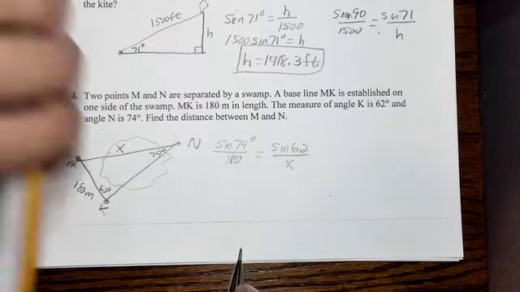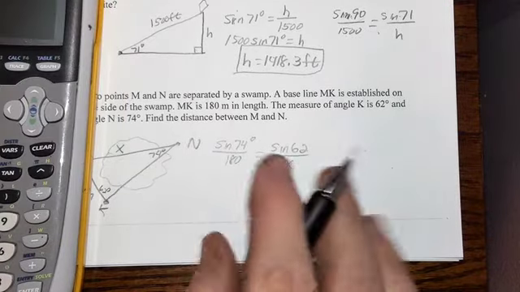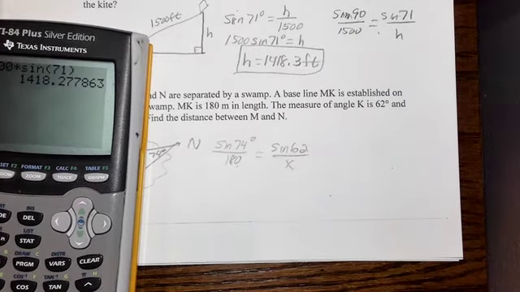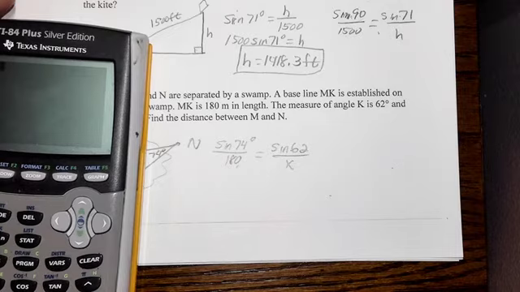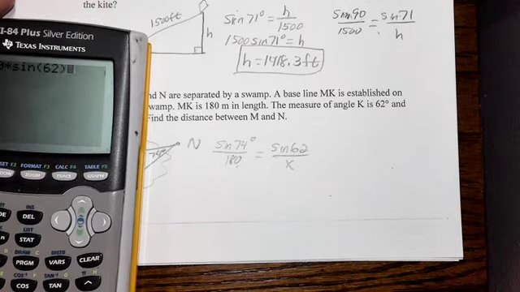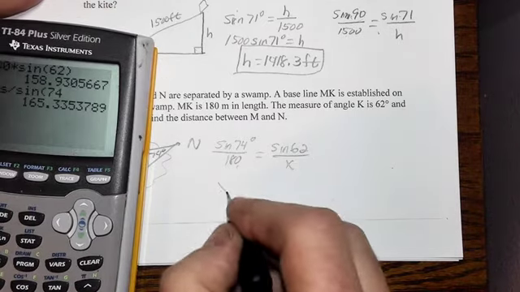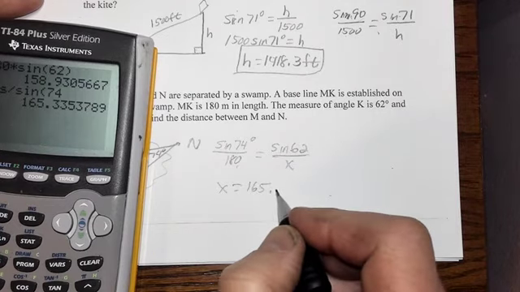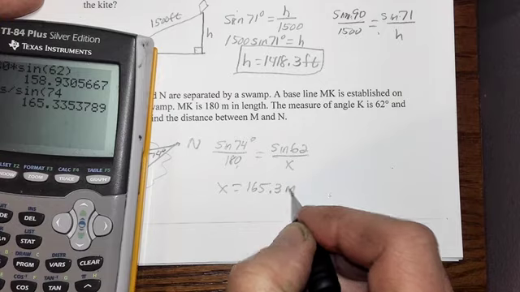Solving that for x, I know that I'm going to go 180 times the sine of 62, and then I'm going to divide that by the sine of 74. And I get that x equals 165.3 meters.